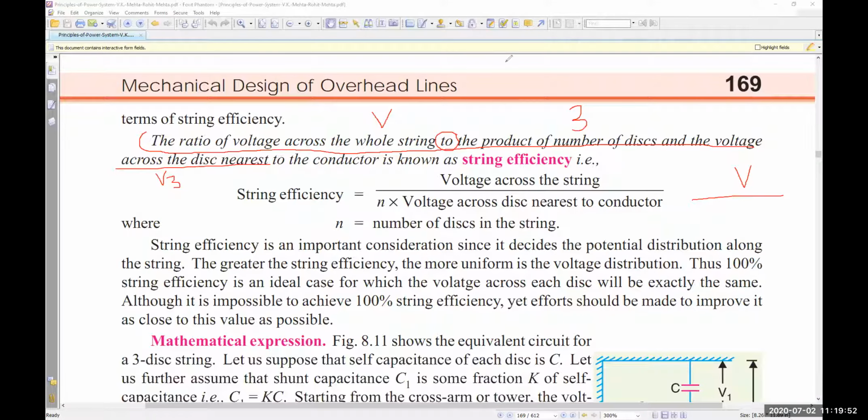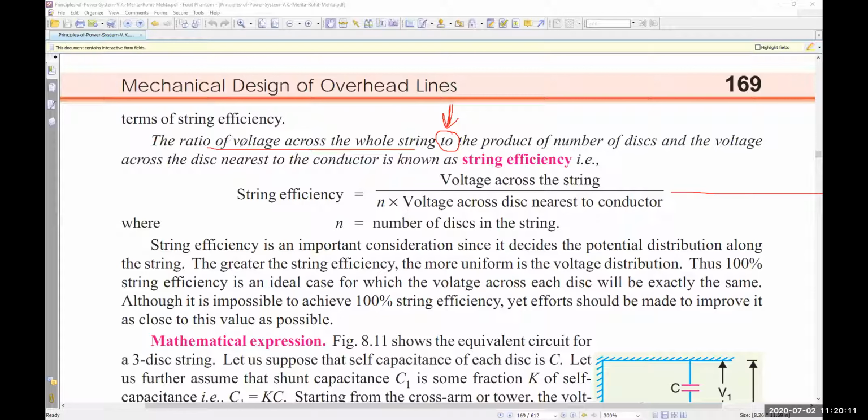Remember how ratio is calculated. Remember the word "to". This word is important because before the "to", the terms will be at the top. After the "to", they will be at the bottom.